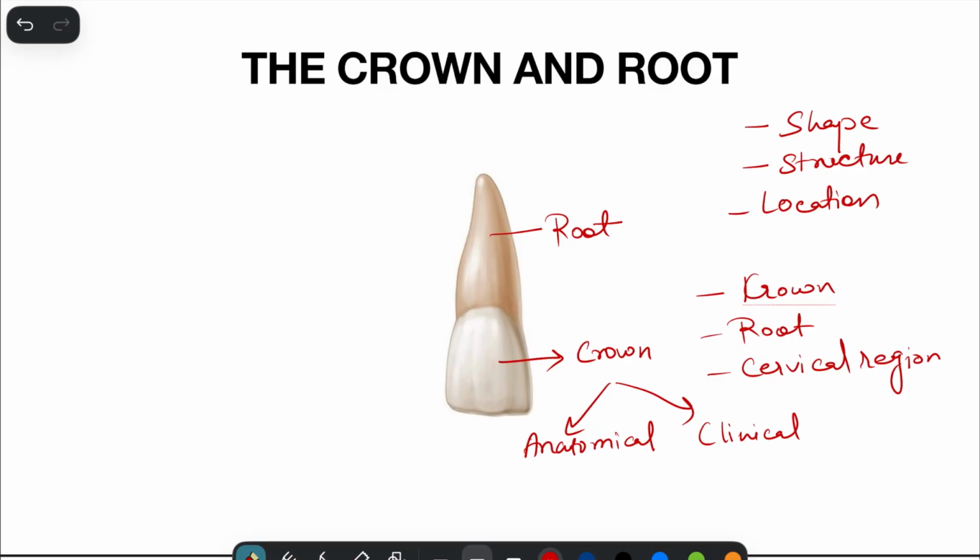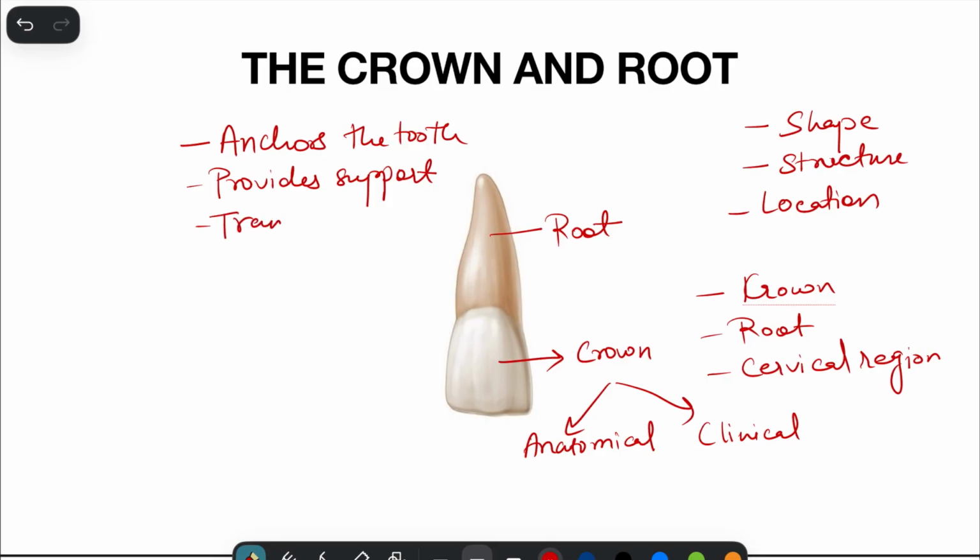It is covered by cementum, and its function is it anchors the tooth, provides support, and transfers chewing force to the bone.